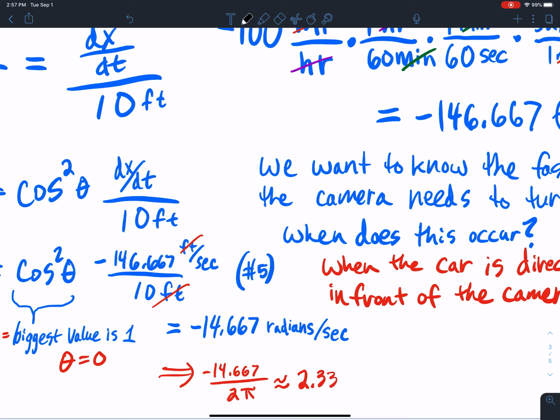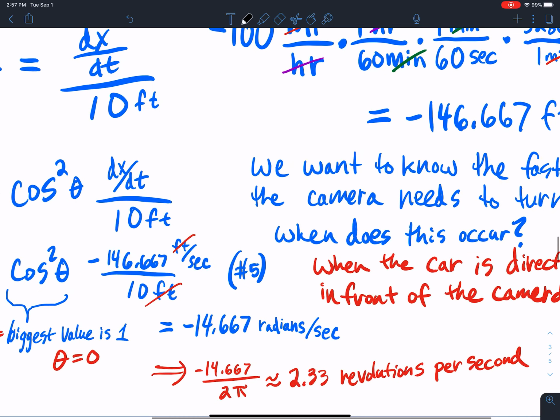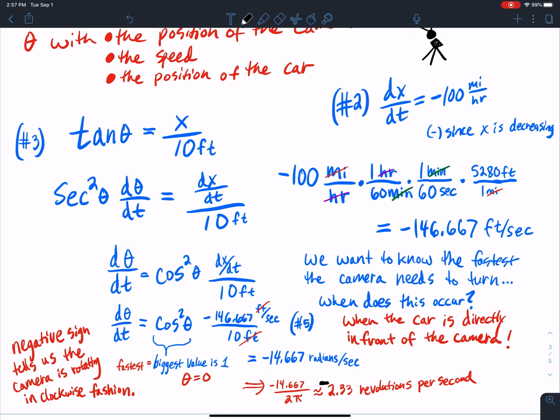So this ends up being 2.33 revolutions per second, and technically that should be a negative 2.33 right there, signifying you're going in a clockwise fashion. Okay, so the negative sign tells us that you're rotating the camera clockwise and not counterclockwise. Typically, when you're talking about rotating around a circle, you rotate counterclockwise, but if it's negative, you go clockwise. Okay?